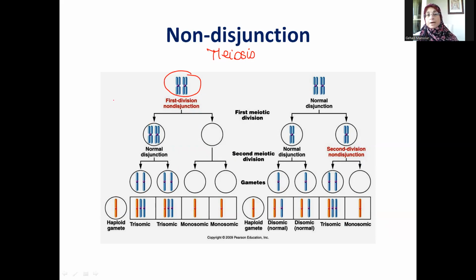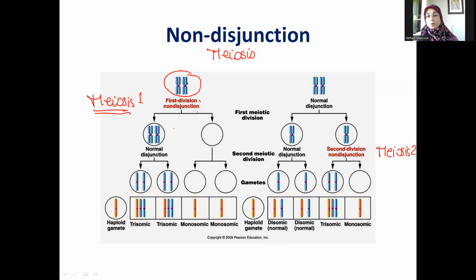And here we have the non-disjunction occurring in meiosis 1, but as I told you, it can also occur in meiosis 2. So this diagram shows you first meiotic division non-disjunction, as well as second meiotic division non-disjunction.